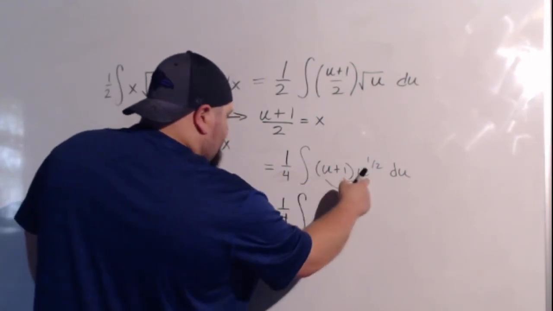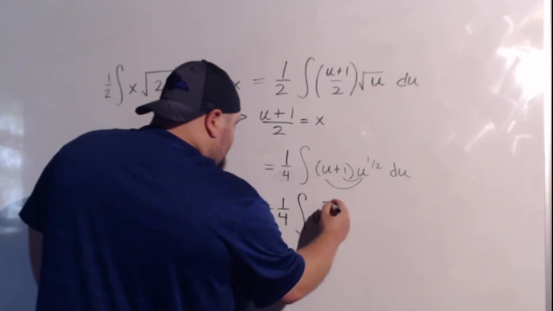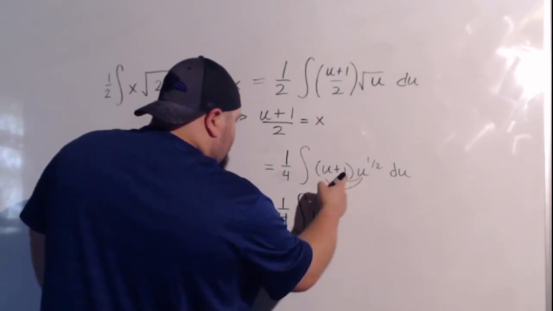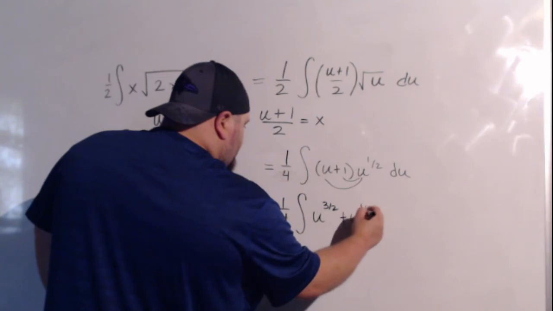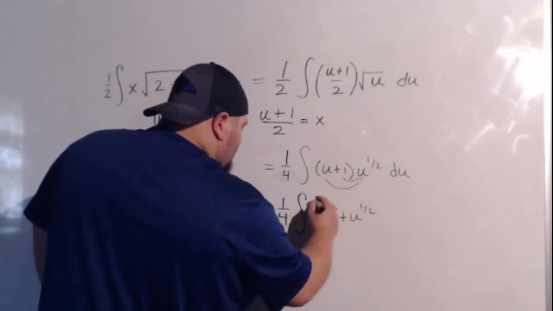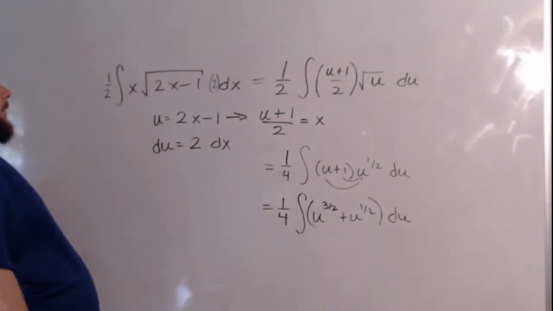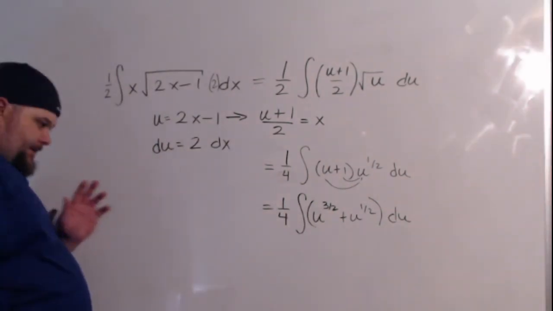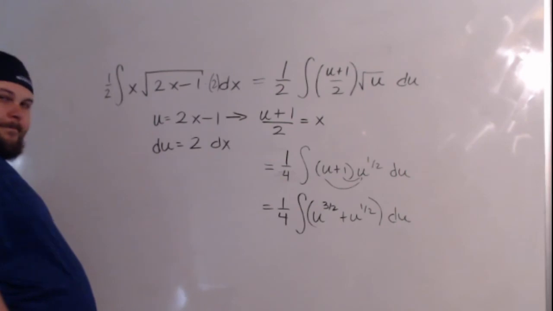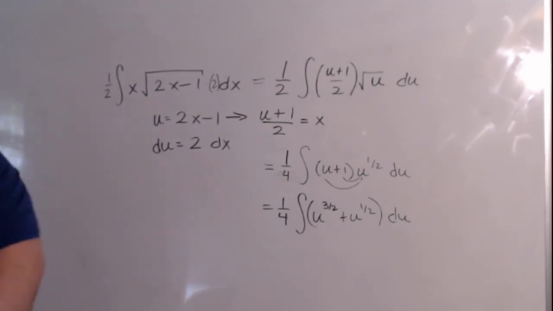So u times u to the 1/2 is u to the 3/2. U times 1 is u to the 1/2 there. And then all times du. Then integrate them. Make sure I'm not going to go off the screen here. Okay, I'm good so far.